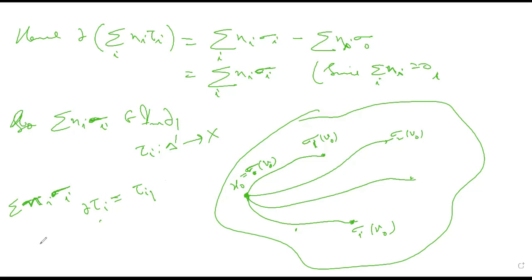Your standard one simplex is basically what? So this is point E1 and this is point E2.